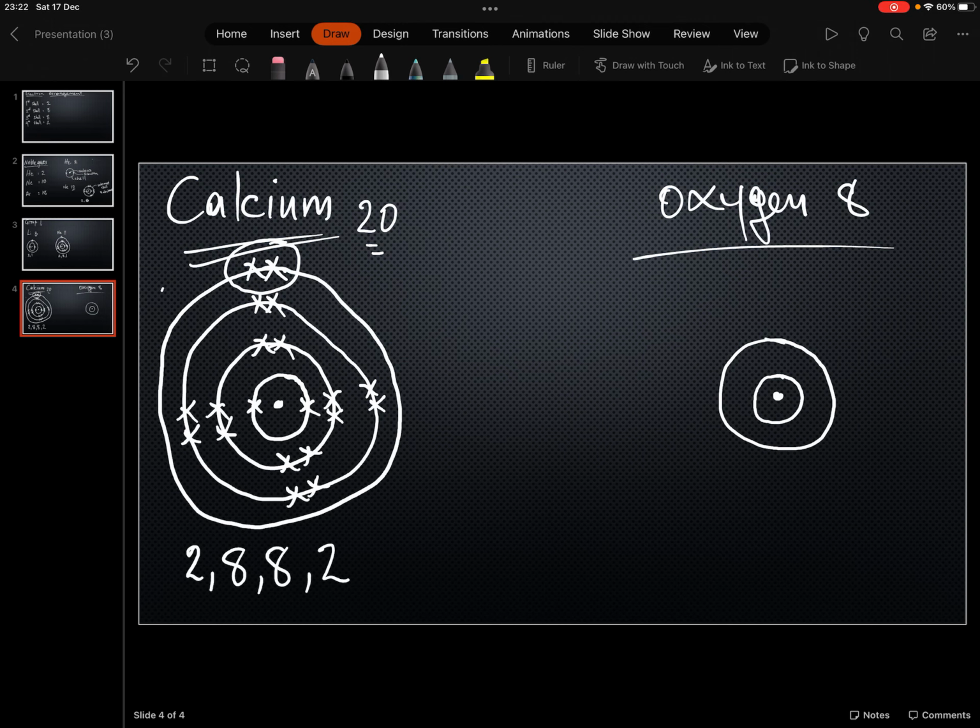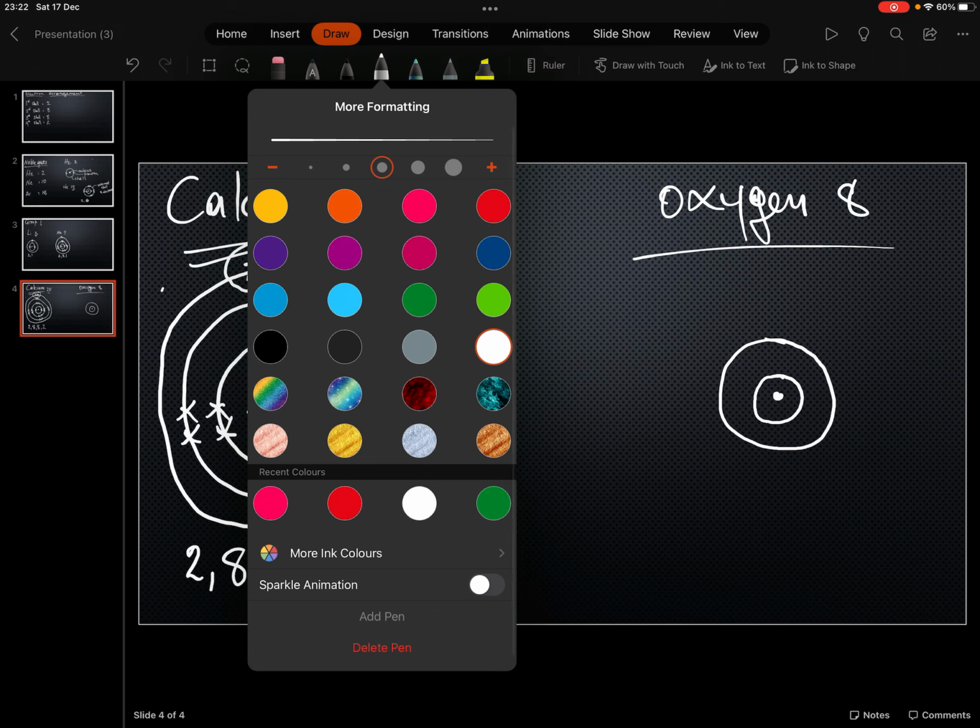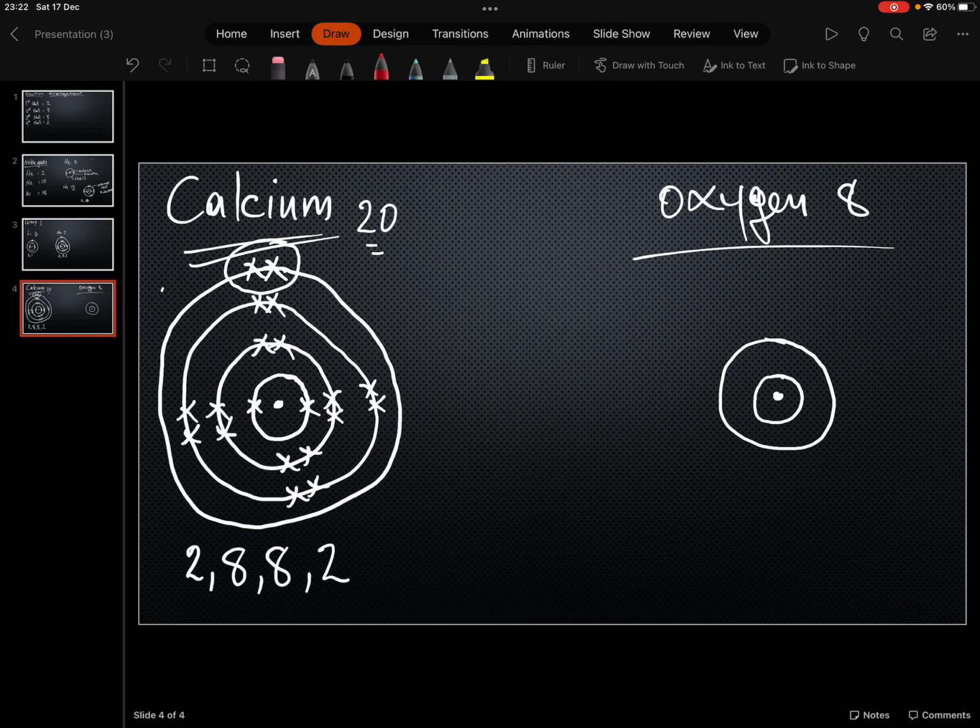Then 1 there, 1 here, then 2 there. Remember, it needs to add up to 8. So go 2, 4, 6, 8.